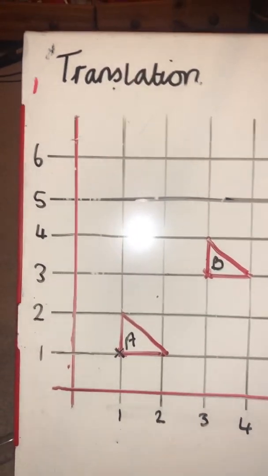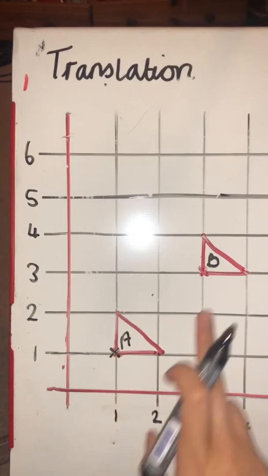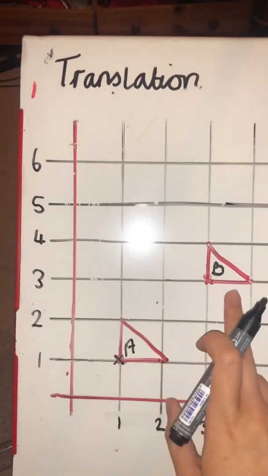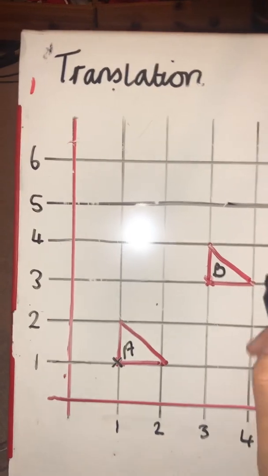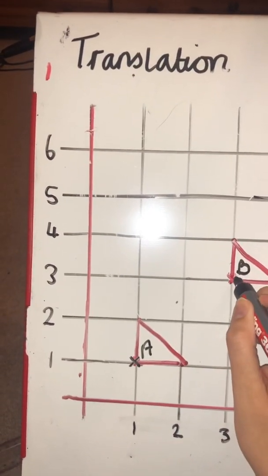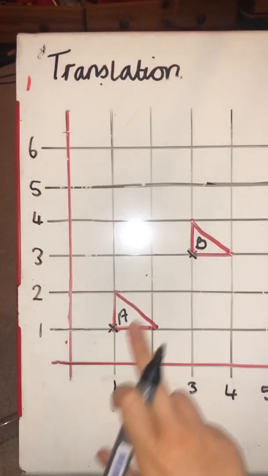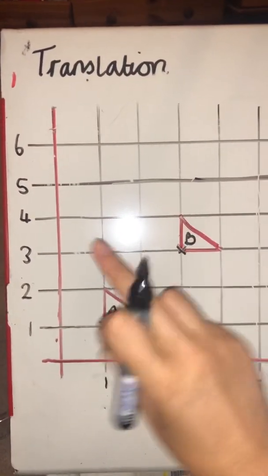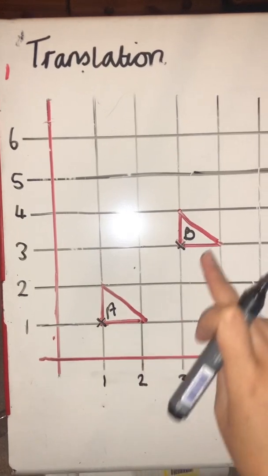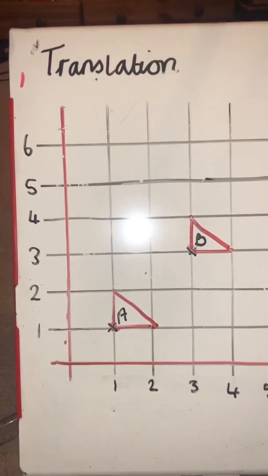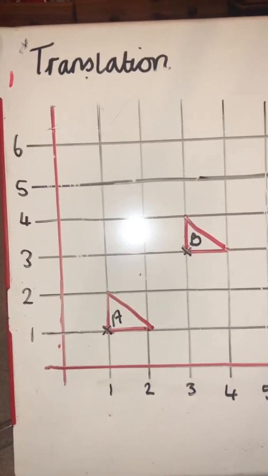On the other shape that the shape was translated to, you need to highlight the same corner, shape B. So you see that both corners on my shapes, because it's the same shape, it's just been moved, both have a cross on them, so I know which corner I'm looking at.